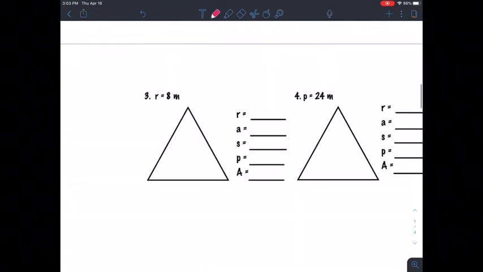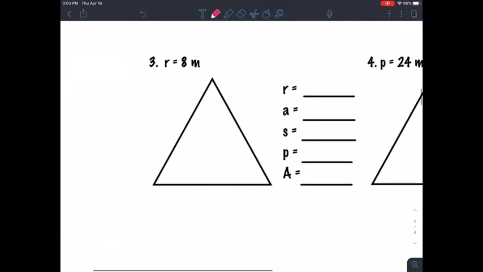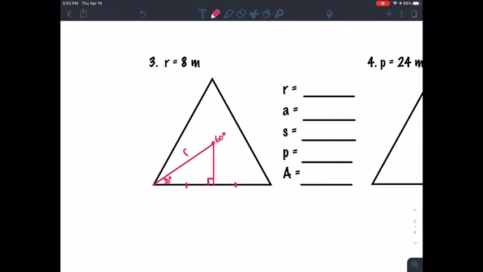Let's take a look at some triangles here. I have my setup here. Remember that in our triangle, this measure up here is 60 degrees. So this is 30, and there's our 90. Our side is split in half. It tells us that our radius is 8. And always work back to the short side.